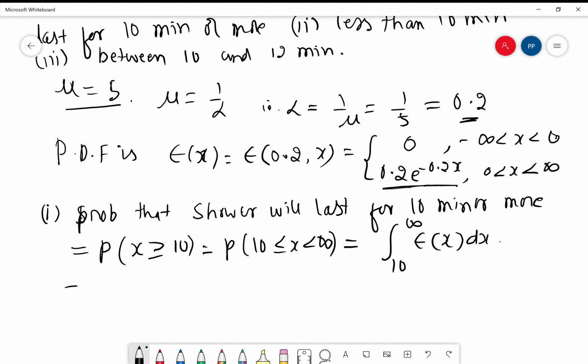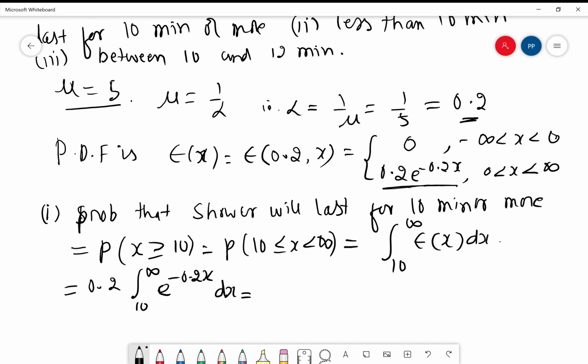Before substituting, taking that 0.2 outside, which is a constant, we get 0.2 outside, integral 10 to infinity, and we have only that function, namely e to the power of minus 0.2 x.